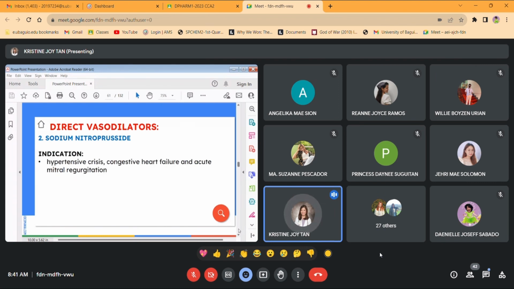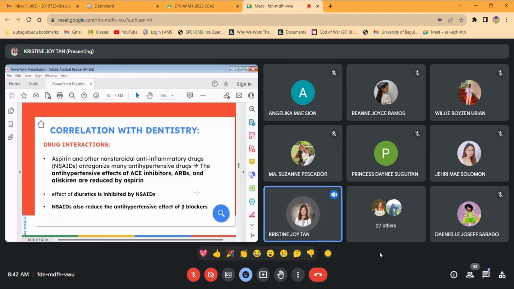So for indication, it is used in cases of hypertensive crisis. So patients with very elevated BP, especially those with 200 over 150 blood pressure, you can use a direct vasodilator because it will immediately vasodilate the blood vessels.